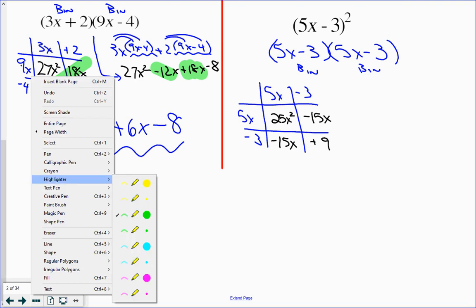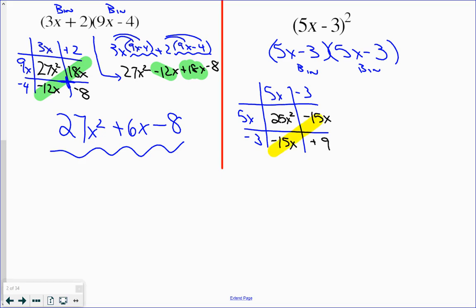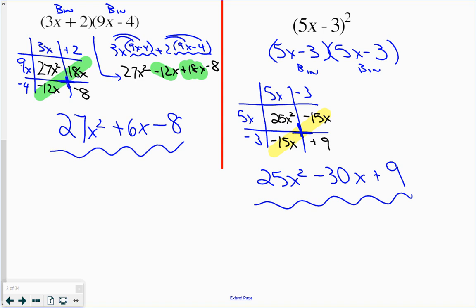So again, if you're doing it by distribution or FOIL, those 4 terms will just be in a row instead of in a square, but we'll all end up with the same 4 terms. So we've got 25x squared, negative 15, and another negative 15 are negative 30, and then the 9 on the end.